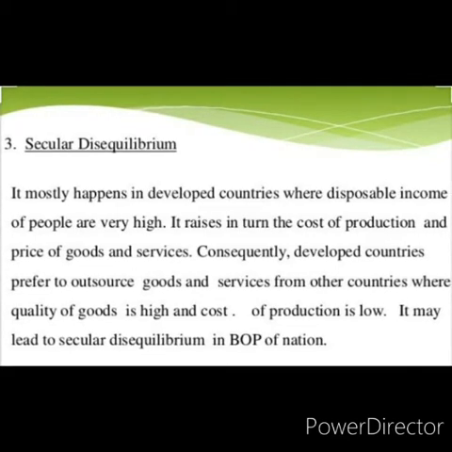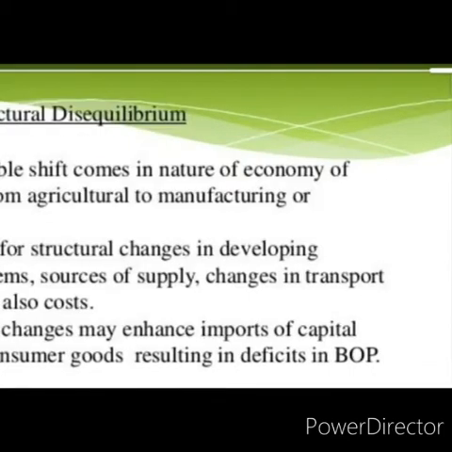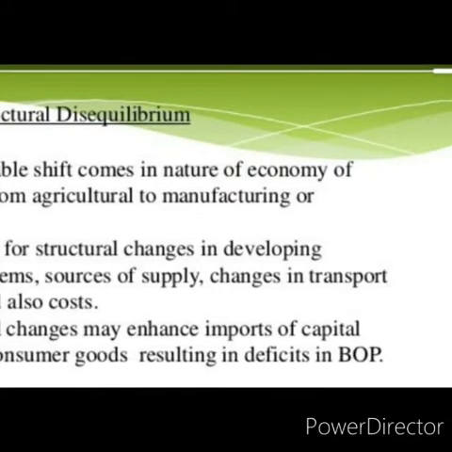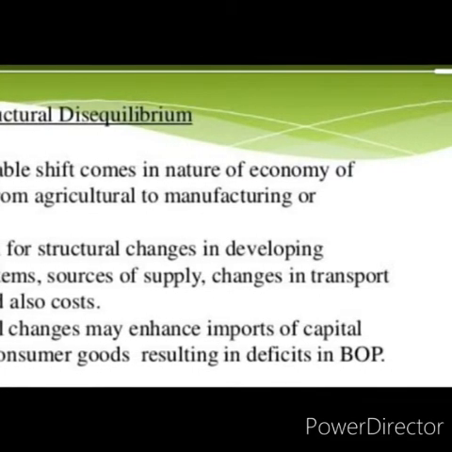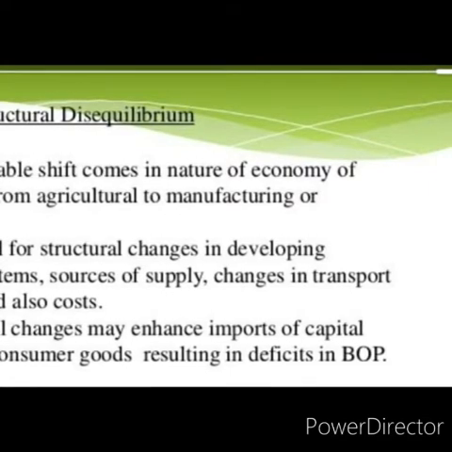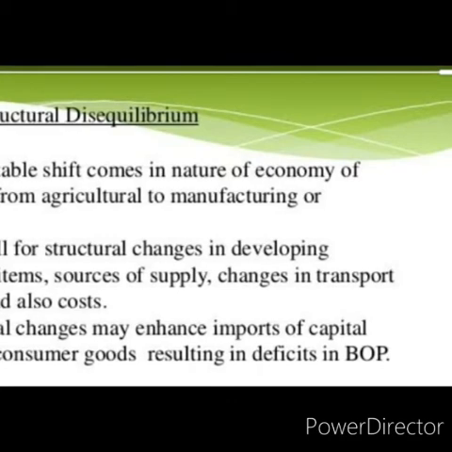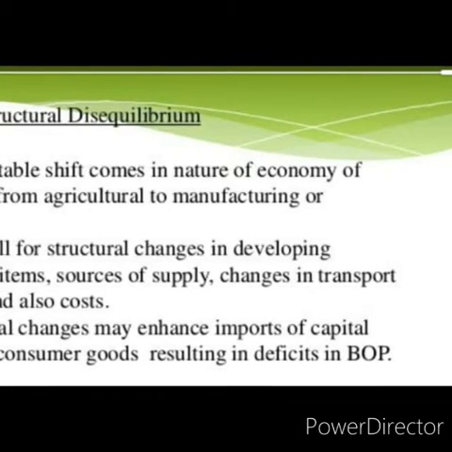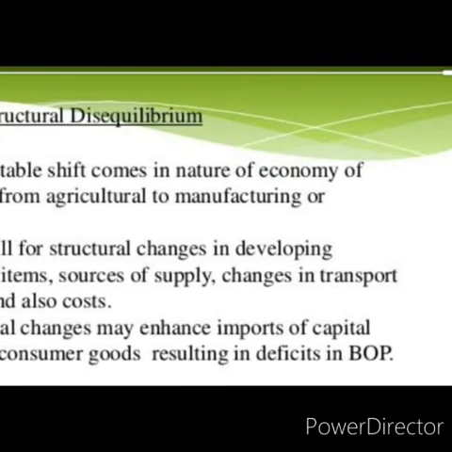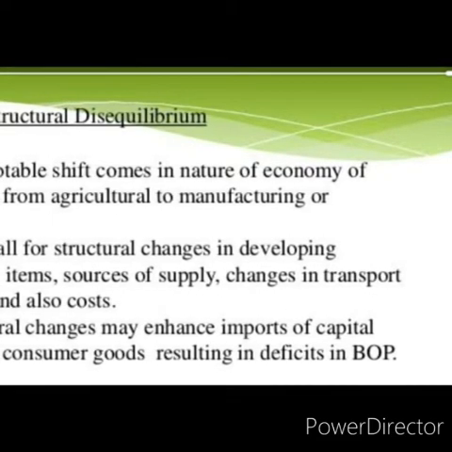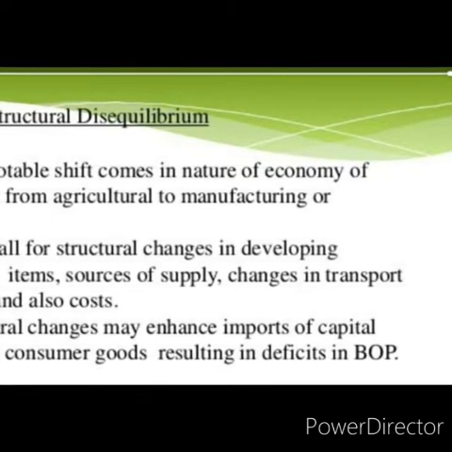Next, structural disequilibrium. Structural changes in the economy may also cause balance of payment disequilibrium. Such structural changes include development of alternative sources of supply and development of better substitutes. If the structure of the environment changes, there will also be disequilibrium.